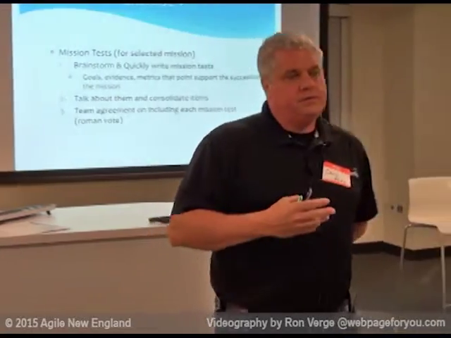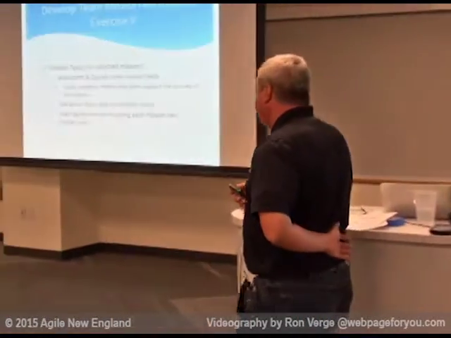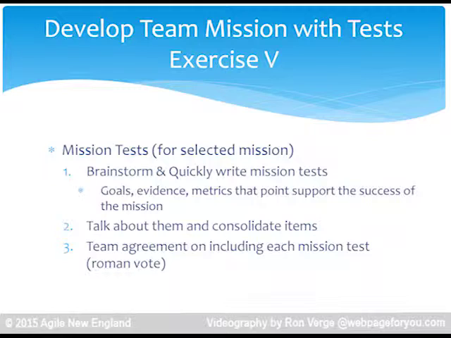What I'm going to ask you now, some of you have probably gone ahead and done some tests, but now that you've selected your mission, you want to go through the same activity and develop at least 1 test for each mission. So figure out what the goals are, the evidence that means you're meeting your mission.